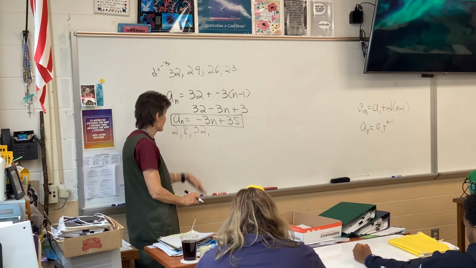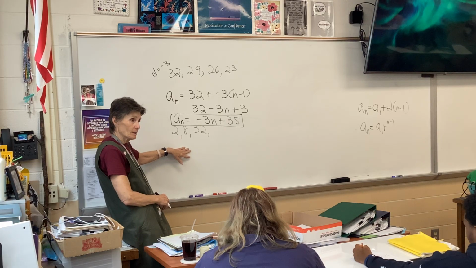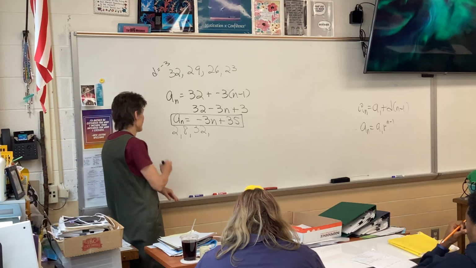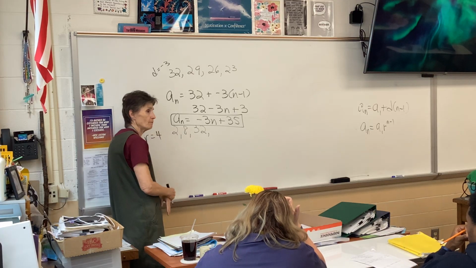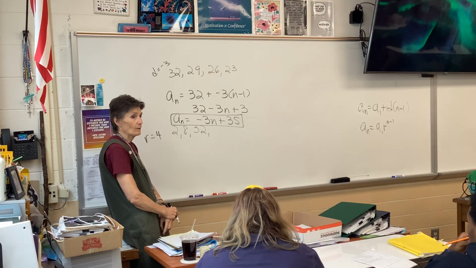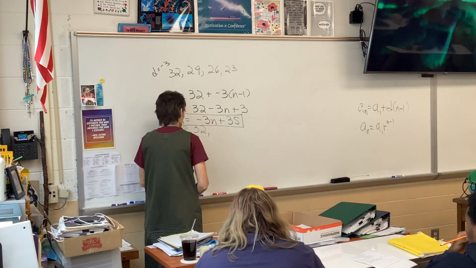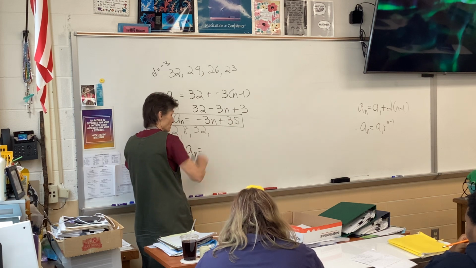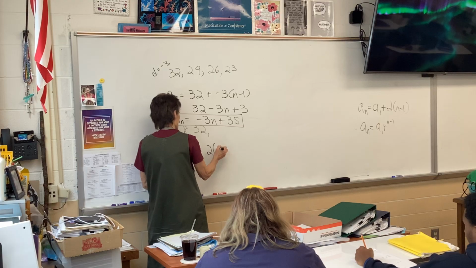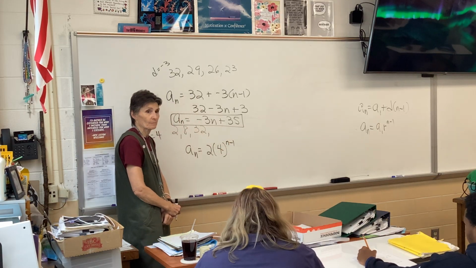Now I'm going to do exactly the same thing for B, except what do I notice? It's geometric, with a ratio of 4. So here we go. A sub n, using my geometric formula, equals the first term times the ratio to the n minus 1.